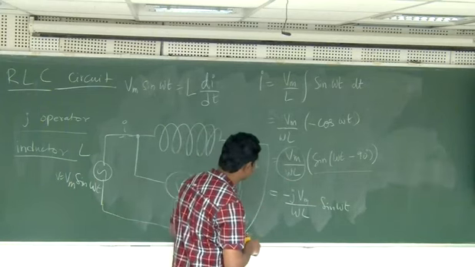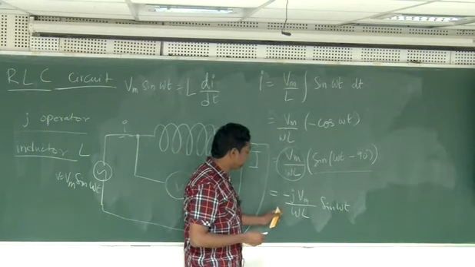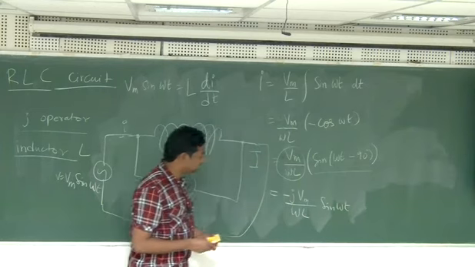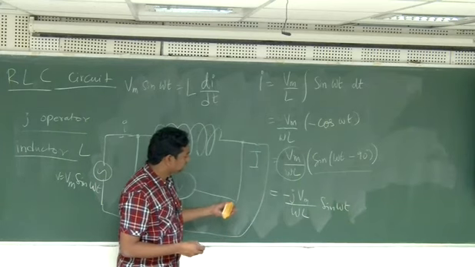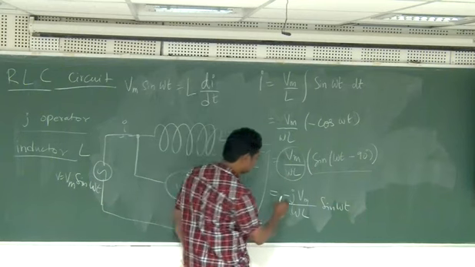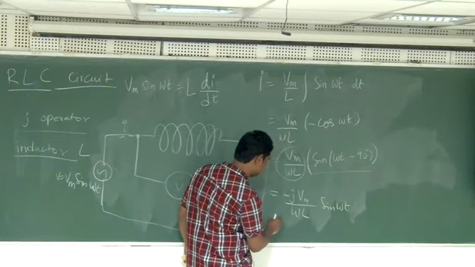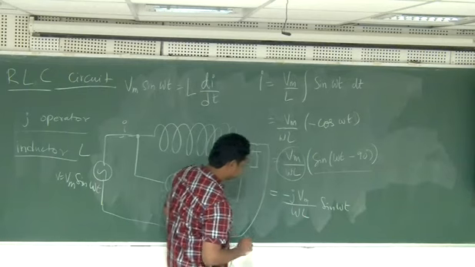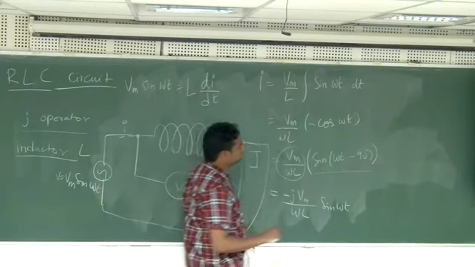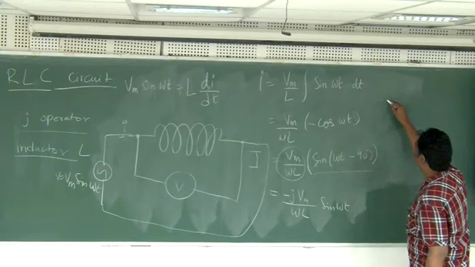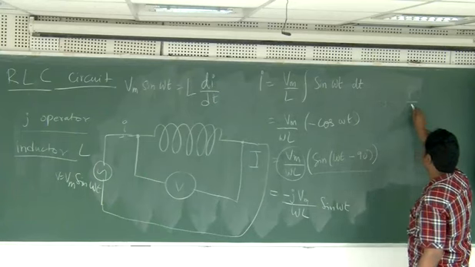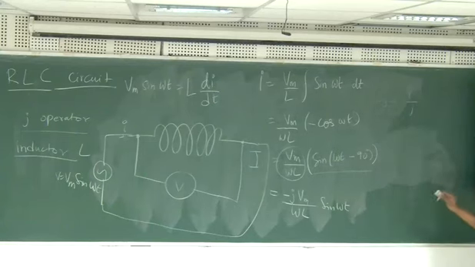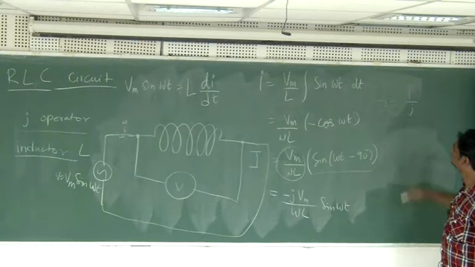Now from the numerator I can bring it to the denominator. Actually, see, minus j is 1 by j, because minus of j square is plus 1.